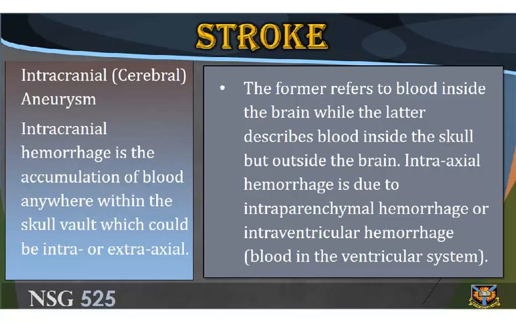Intracranial hemorrhage. Intracranial hemorrhage is the accumulation of blood anywhere within the skull vault, which could be intra or extra-axial. The former refers to blood inside the brain, while the latter describes blood inside the skull but outside the brain. Intra-axial hemorrhage is due to intraparenchymal hemorrhage or intraventricular hemorrhage, blood in the ventricular system.